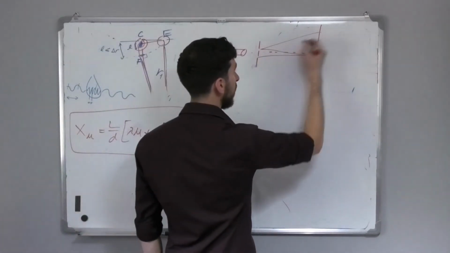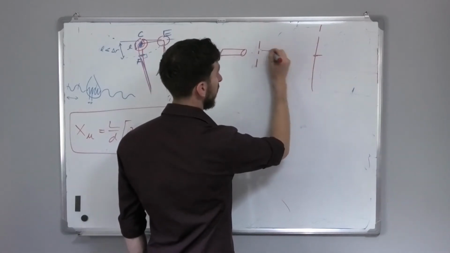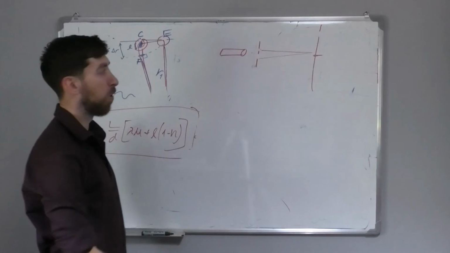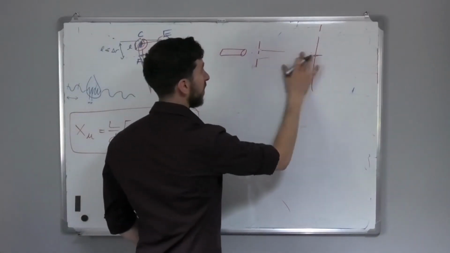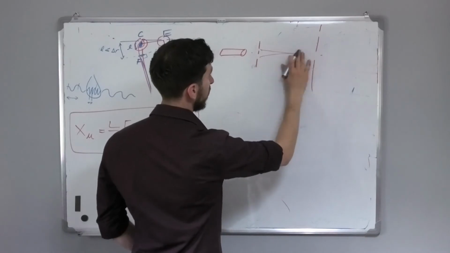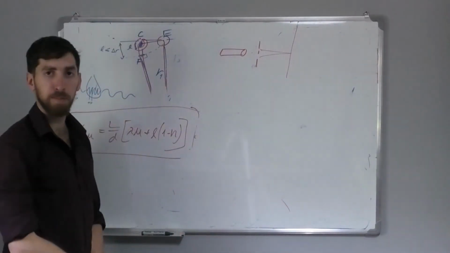For example, for here, that direction is the shortest for that slit, but not for the other slit. It's a really long way. But if they both do the same thing, then this is going to be the brightest point. If this was the board, the brightest point is going to be in the middle.